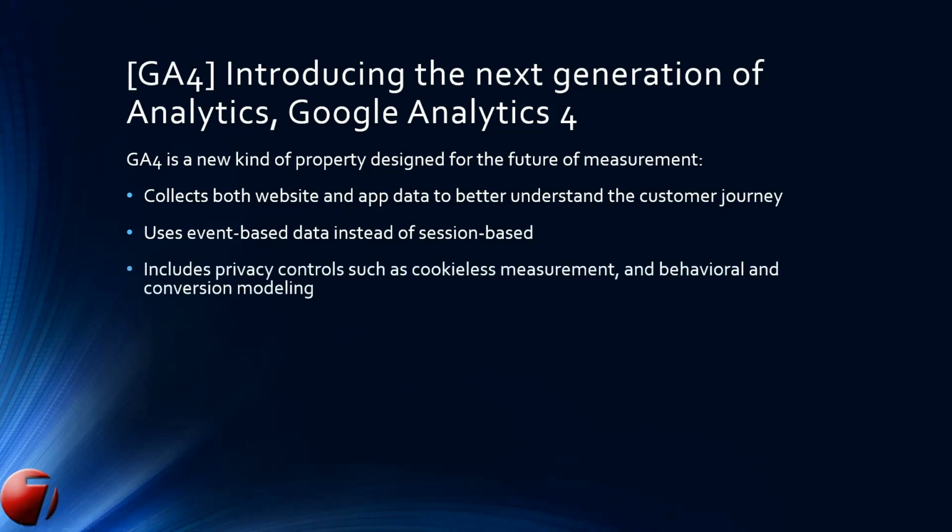GA4 brings in more privacy controls. Some of the big pieces that they've included is IP masking is on by default because of GDPR. IP masking, they obfuscate a portion of your IP address.